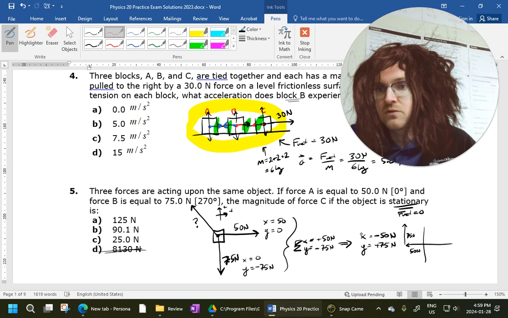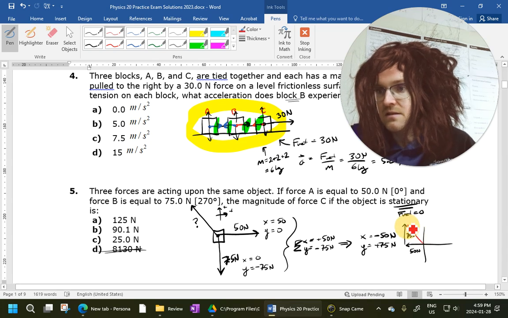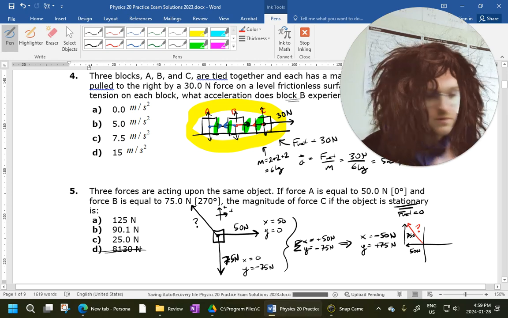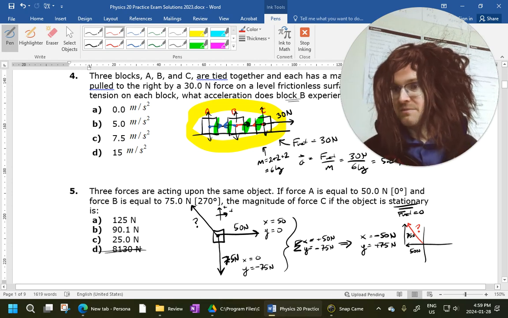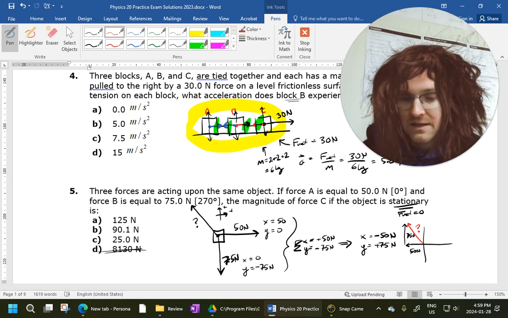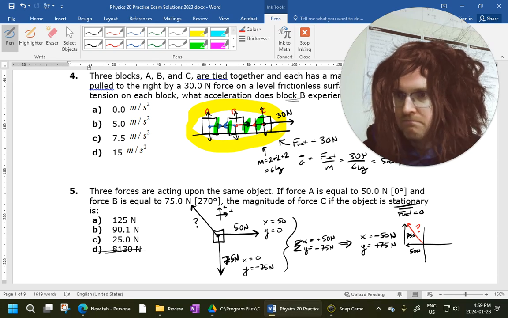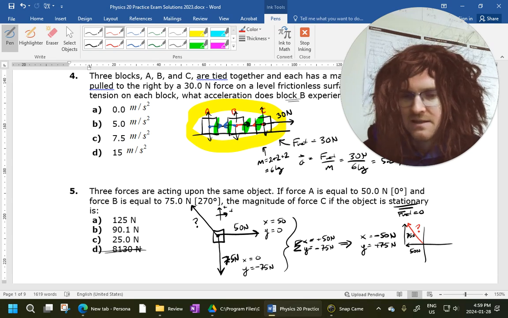So we have this overall force here that we're trying to find. That's going to balance those other 2 out, because you want to make sure everything adds up to 0. So we got this other force of opposite signs to make sure everything adds up. All right, so 1575.